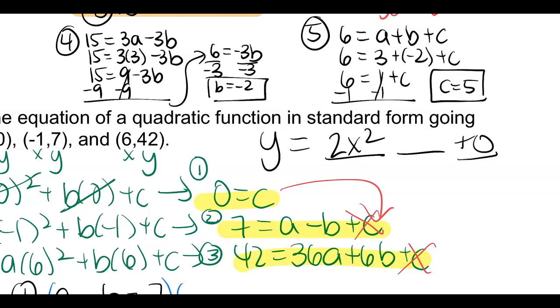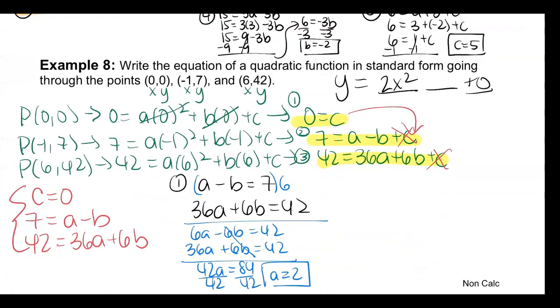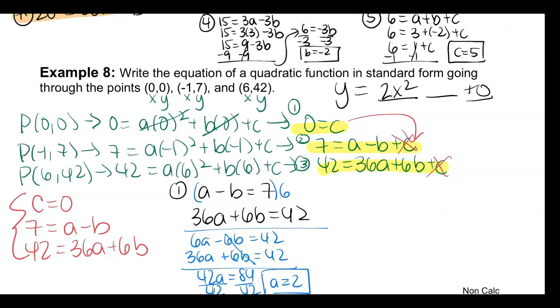Let's find the b value. So go ahead, find b. For step 2, to find b, it's pretty easy to use the middle equation, 7 equals a minus b, and I'm going to substitute in the a. When I said that I'm using this equation, I'm using it from the original. You could use this one if you want, but I usually like going with the originals as much as possible.